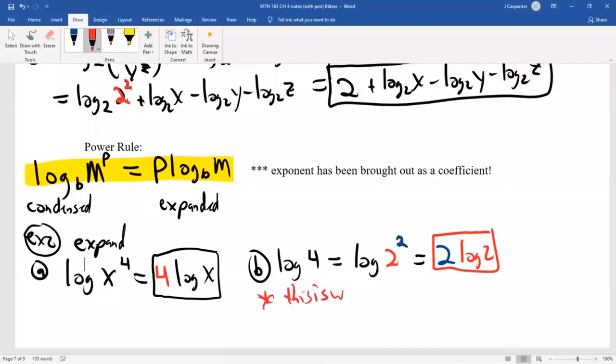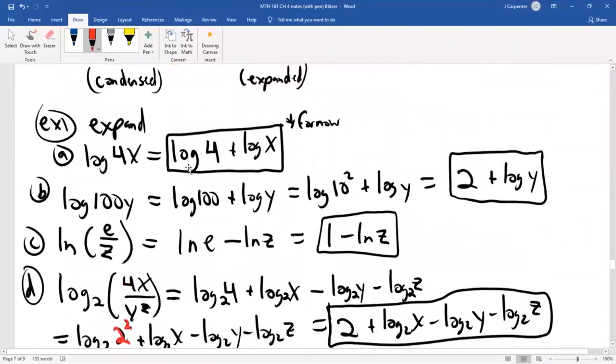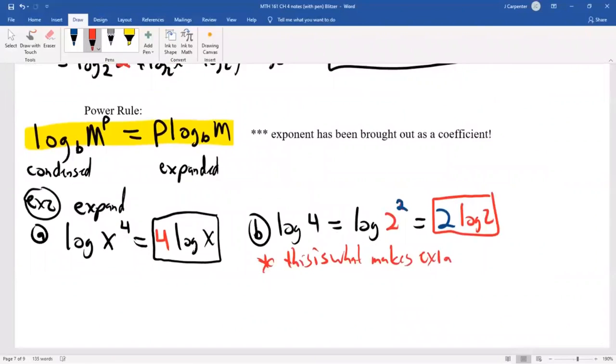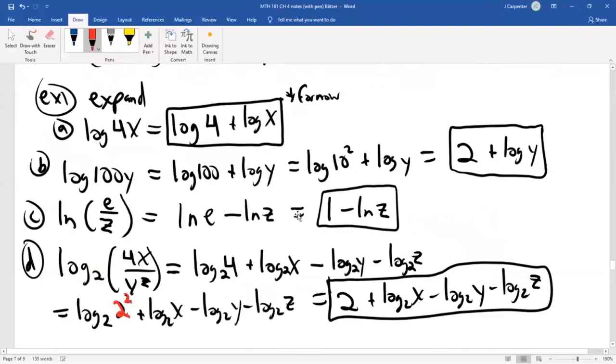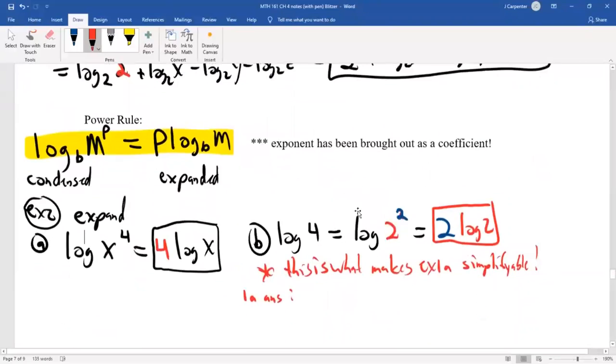So this is what makes example, was it 1a? Yes, 1a simplifiable. So going back to 1a's answer, which was log of 4 plus log of x.